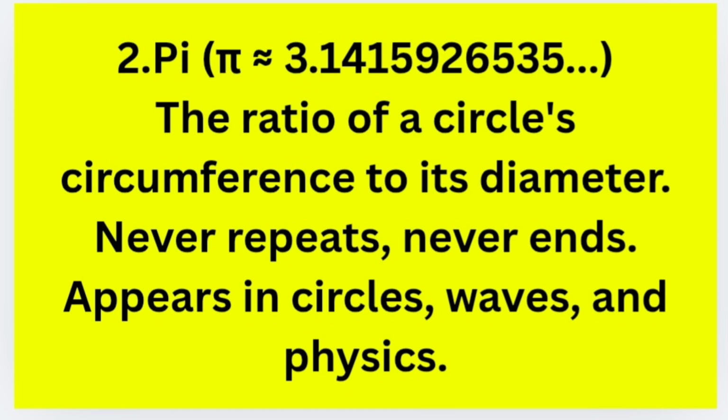The second example, pi, which is approximately 3.1415, continues infinitely. The ratio of a circle's circumference to its diameter never repeats, never ends. It appears in circles, waves, and physics.